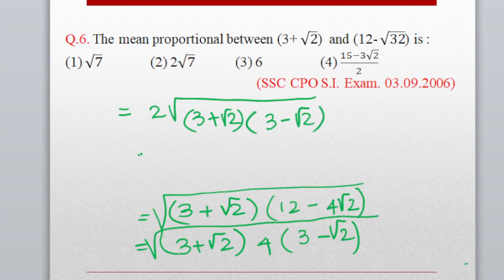So that is equal to, here a plus b into a minus b is a square minus b square. So it can be written as 2 into a square minus b square.